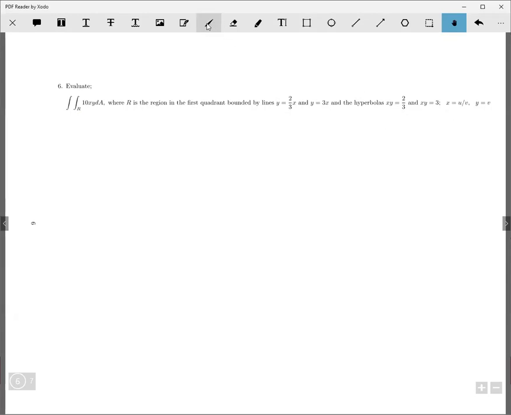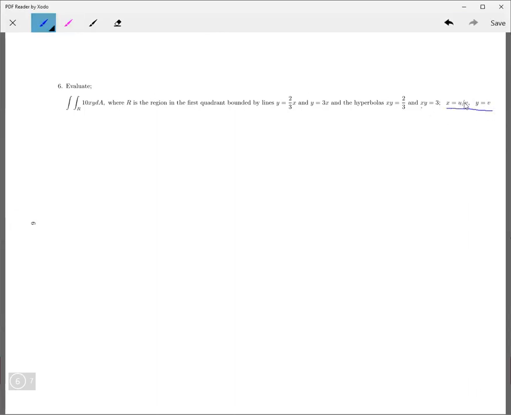And you're supposed to use these transformations: x is u over v and y is v.